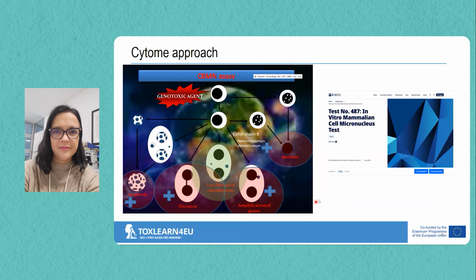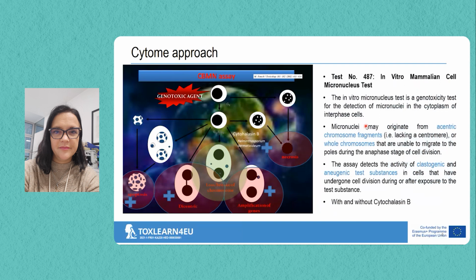So the protocol for the micronucleus assay in vitro has the test guide, OECD test guideline number 487. In this assay, as you can see also in this picture, the micronucleus, because that is how this assay got its name, is the part of the DNA that was not shared between the two daughter cells in their nucleus.